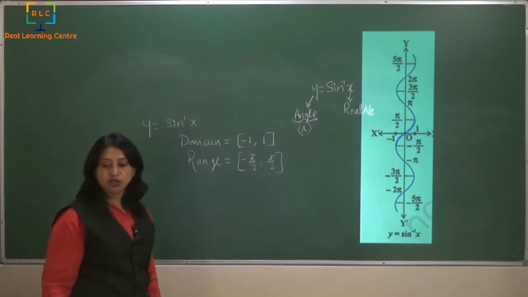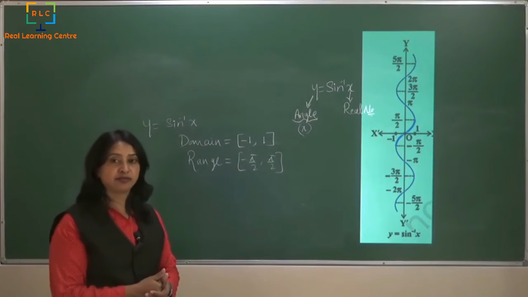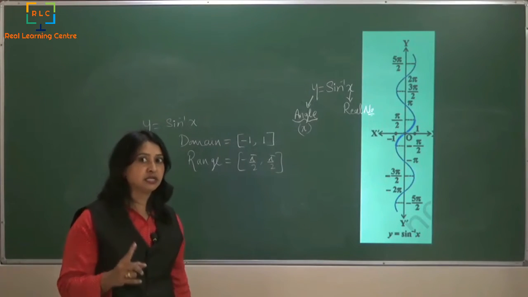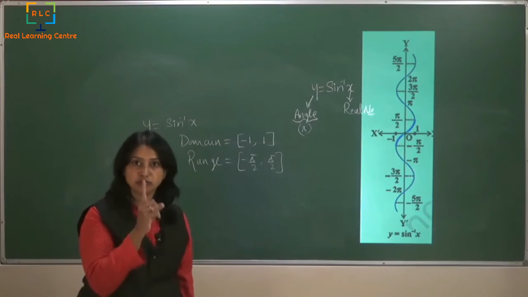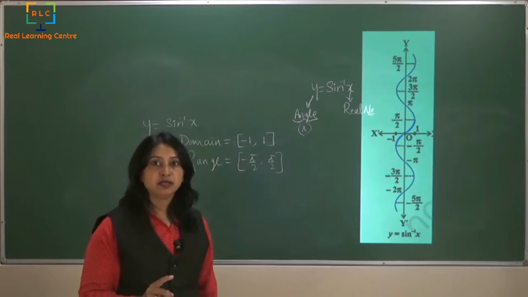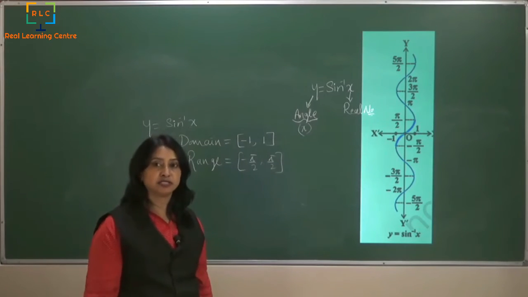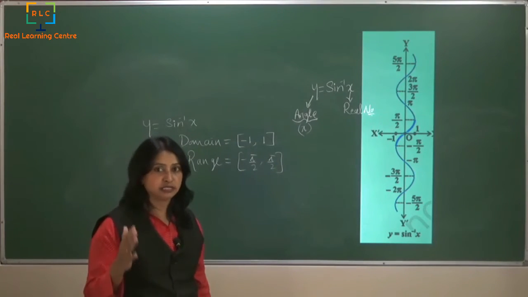All of this depends on the graph cutting the x-axis only once, and every value should have its own unique value. How many values? Only one value. So an inverse trigonometric function can exist for all trigonometric functions, provided you take them in a certain interval.